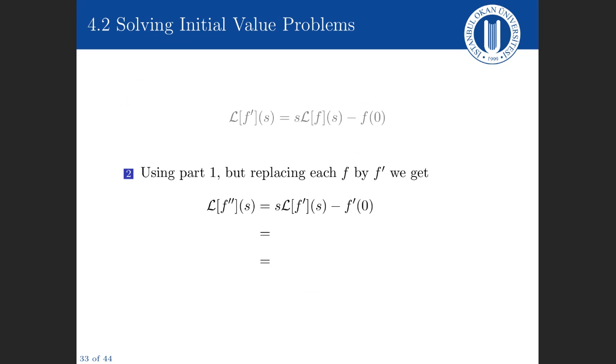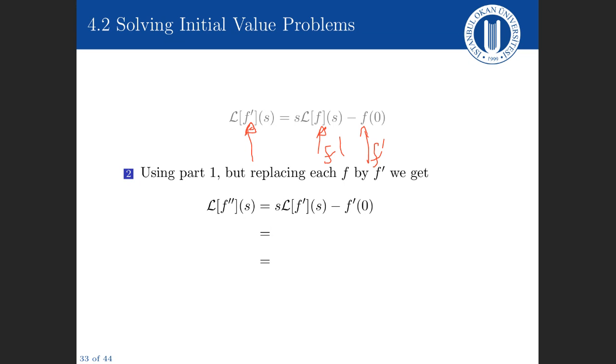For the second formula, the Laplace transform of f double prime, we could just use part 1 twice. Let's suppose we take the formula in part 1 and we replace every f by f prime. So on the right side we have f prime here, we have f prime just here.